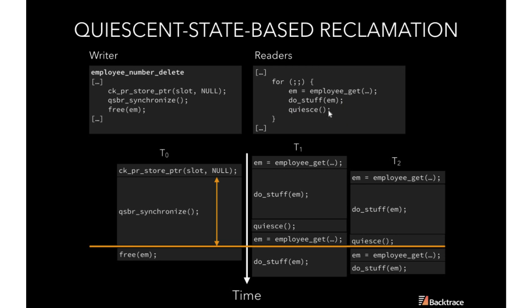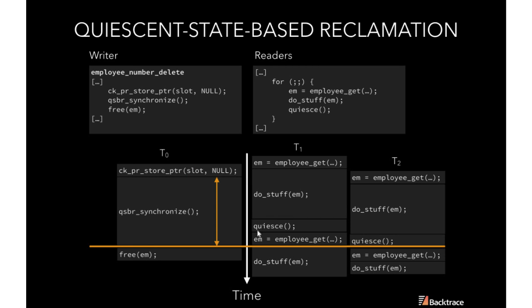This is a point in time where no active references exist to objects which may be subject to a read reclaim race. So down here we have an execution history of what that would look like. So we store null into the slot of the employee object we want to delete, and we call synchronize.